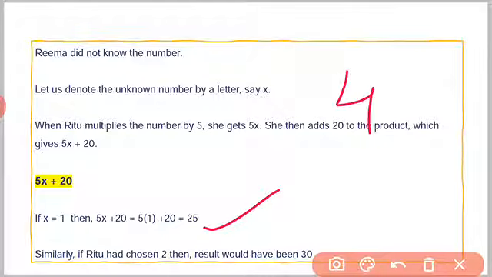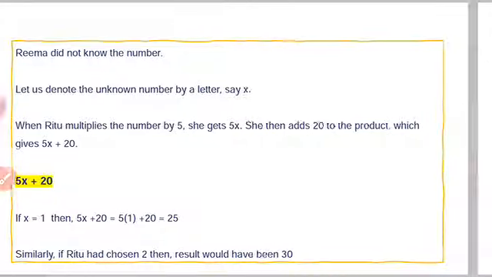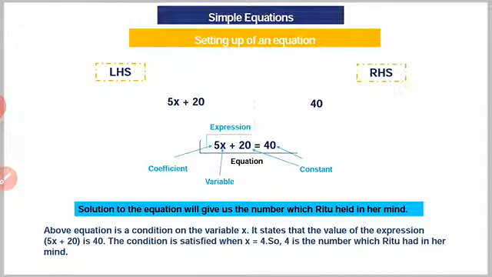Ritu got answer 40. Similarly, she tried to put value 2 in place of x. Then the result came out to be 30. Again, 30 is not the answer which Ritu got. So children, what we are doing today is related to equations, and the new chapter is simple equations.